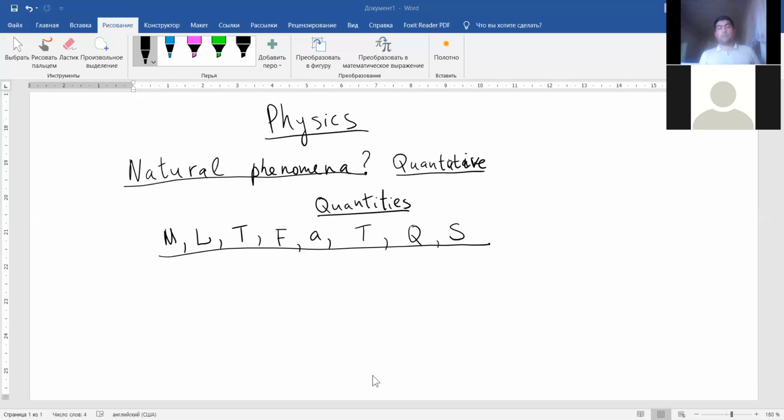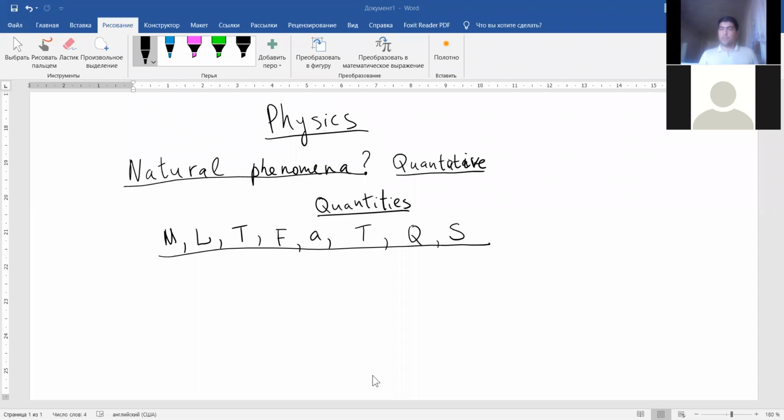So what is physics? Physics is a subject which studies nature, natural phenomena, the motion and the interaction in nature by means of physical quantities. For example, when you study the free-falling body, you can say qualitatively, so the heavier the body, the faster it falls.